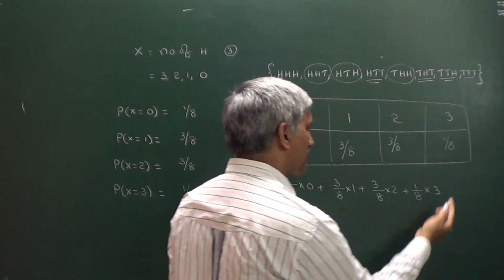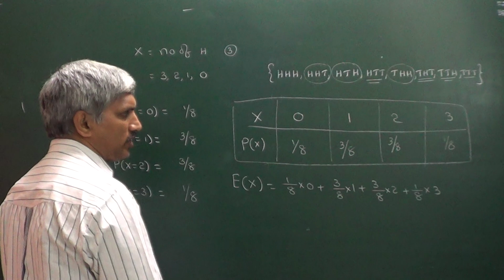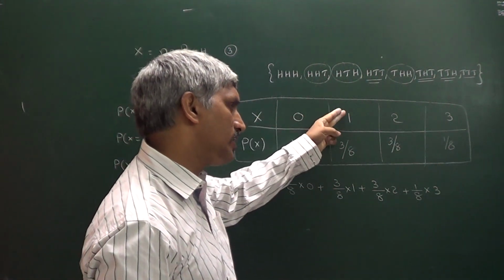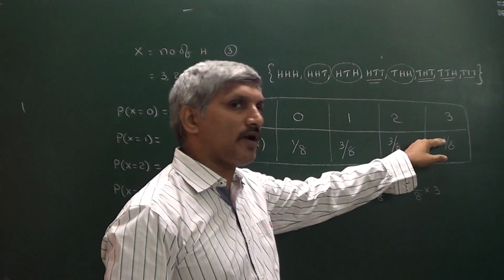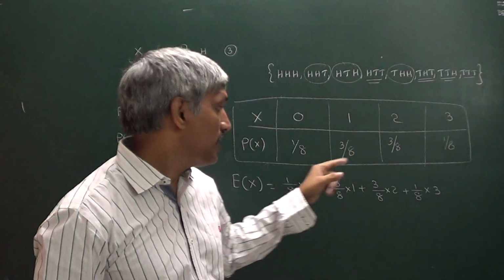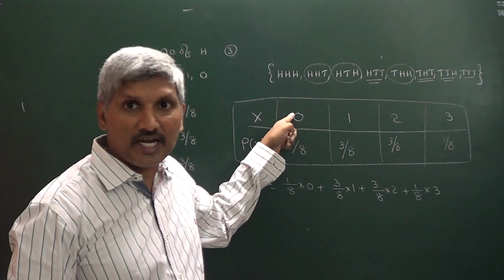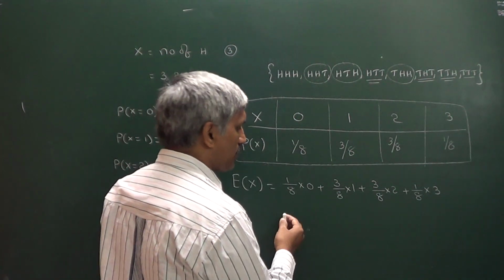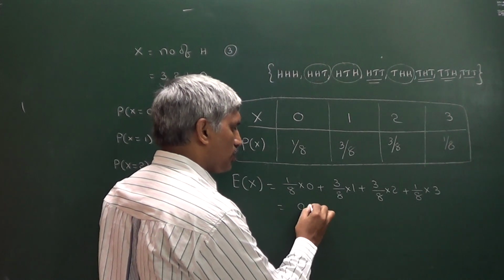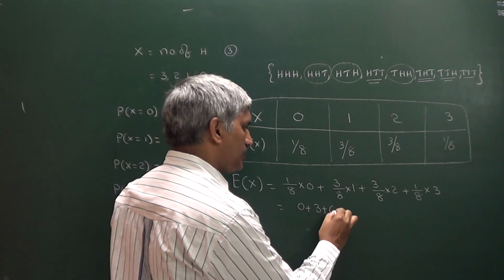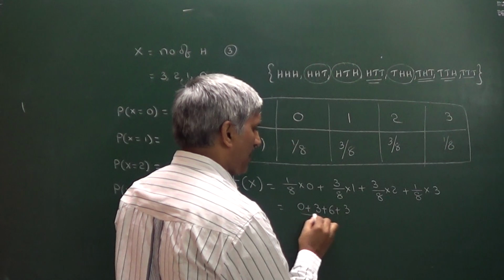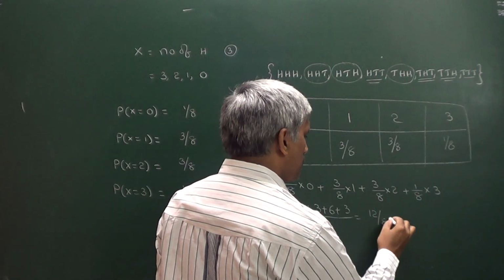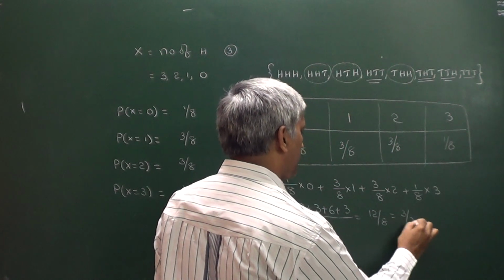So this is the mean of the random variable x. Sigma pi into xi denotes the mean of the random variable. Now this particular value is equal to 0 plus 3 plus 6 plus 3 divided by 8, that is equal to 12 divided by 8. We will get the answer as 3 by 2.